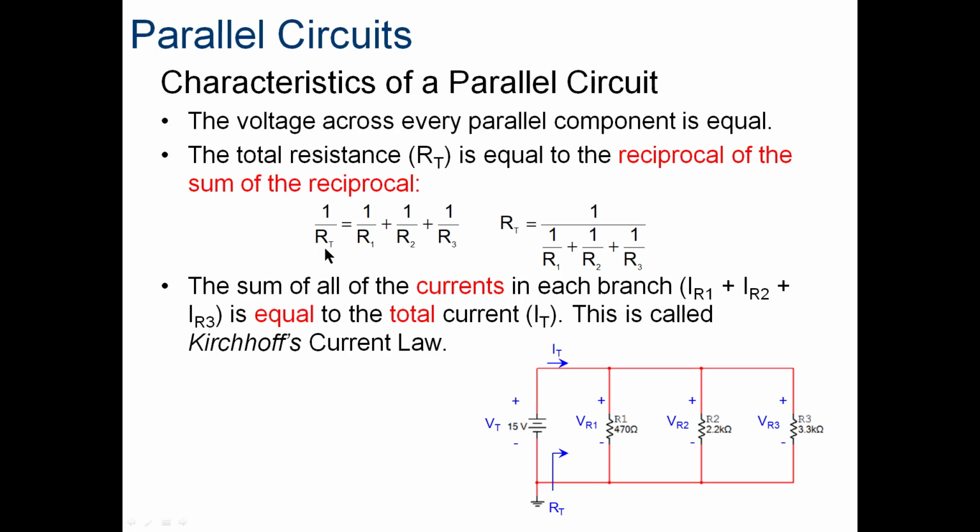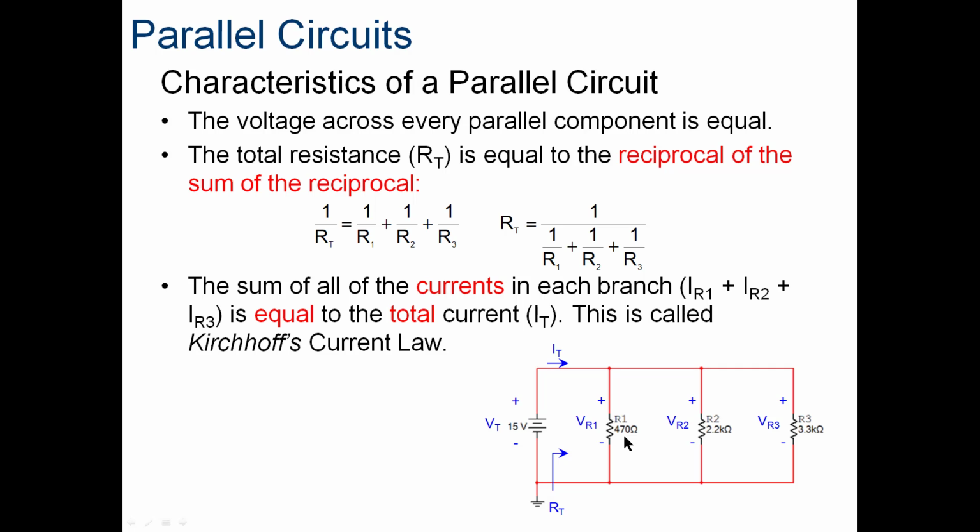So the total resistance, RT, 1 over RT, is equal to 1 over R1 plus 1 over R2 plus 1 over R3. So let's back up to our water pipe analogy. If I had water flowing through a pipe, and we'll call it IT, the amount of water that would go through the tightest resistance here would be the least, and then more, and the most.